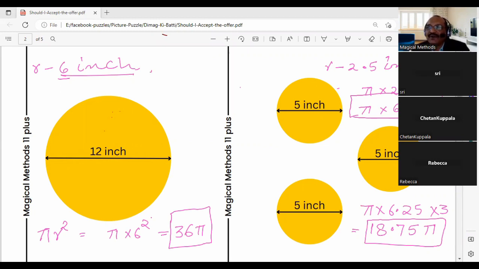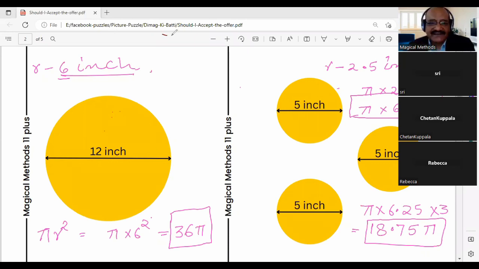I have taken the example of pizza because every day kids eat pizza, we eat pizza, everybody is eating pizza today. And something changes from something to something. 12 inches to 10 inches. You see how things are changing. 12 inches to 7 inches, 8 inches. Again, you will find there is a lot of change. So the comparison should be based on the area.